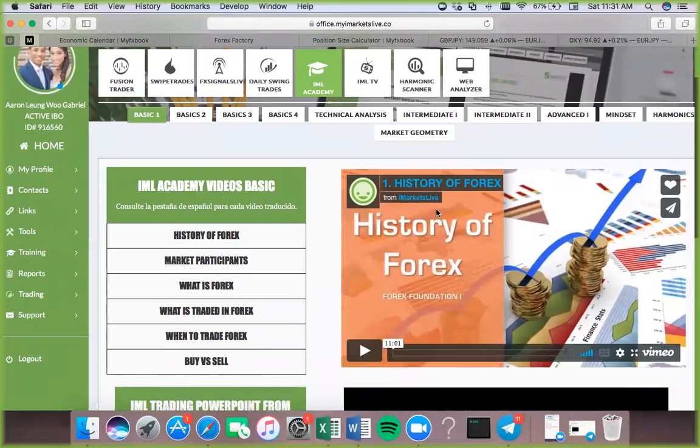Now, IML Academy. Guys, if you are new, meaning you just started within the past month to 2 months, yes, you are new. You should be running through all of these modules. No one should ever push a button to buy or sell before you finish up to the technical analysis module, because at this point you have no idea what is happening. I get a lot of questions when people sign up: when do I know when to buy?